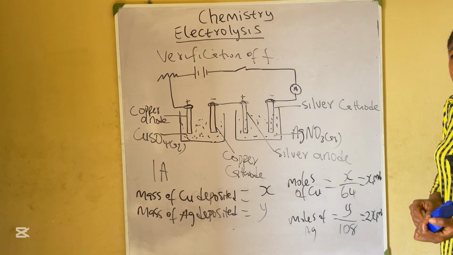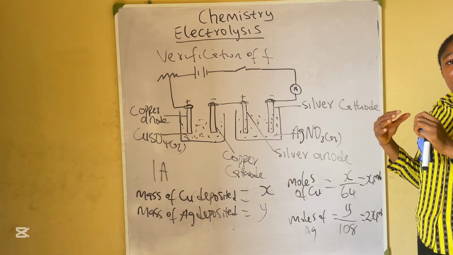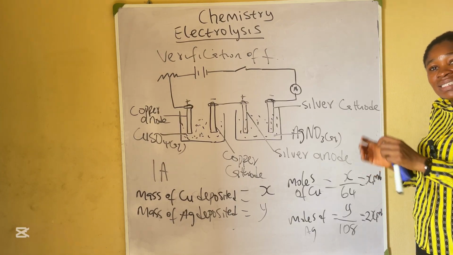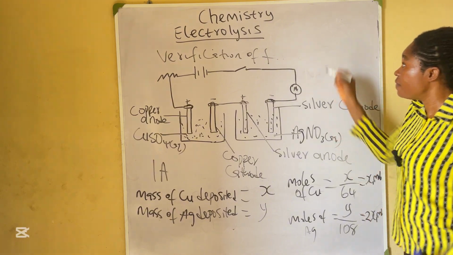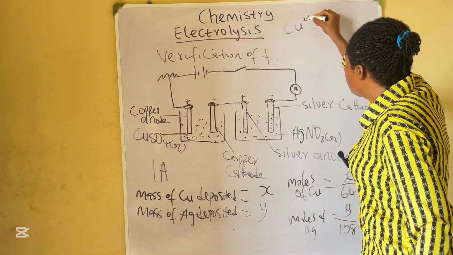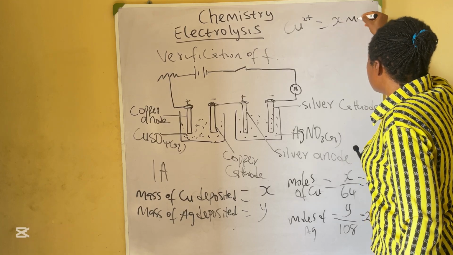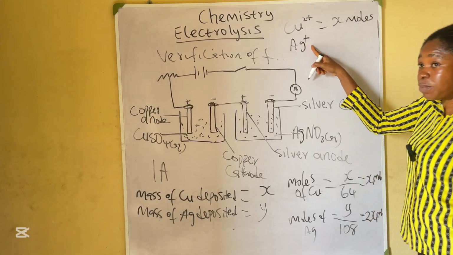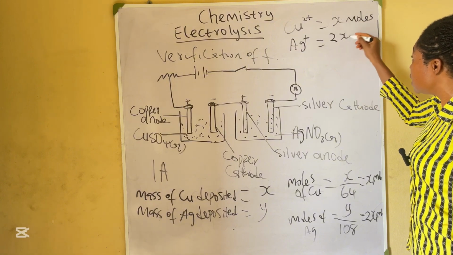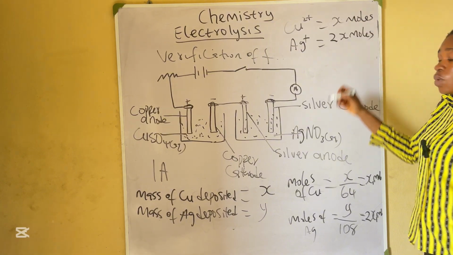Remember the law says the number of moles of the element discharged are inversely proportional to the charges on the ion. So if copper is 2 plus and the moles is S mole, the number of moles of silver with charge plus 1 will be 2 times the moles of copper.